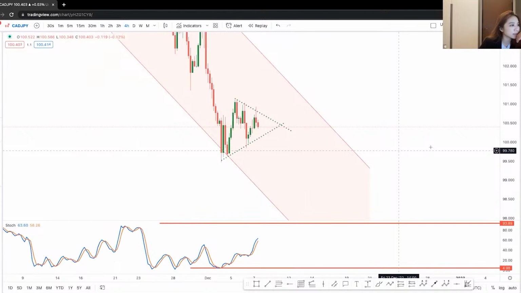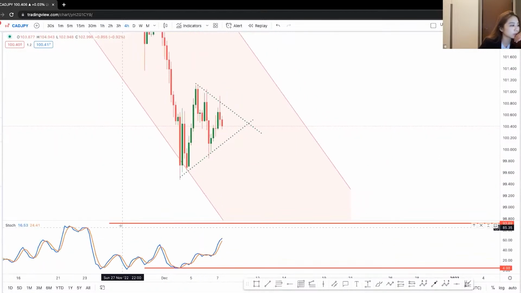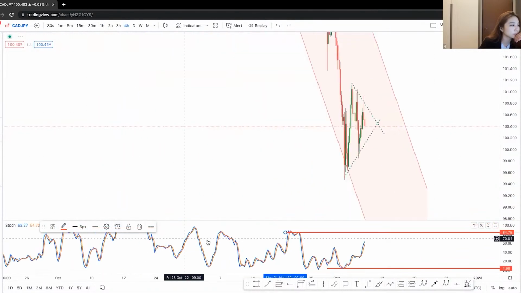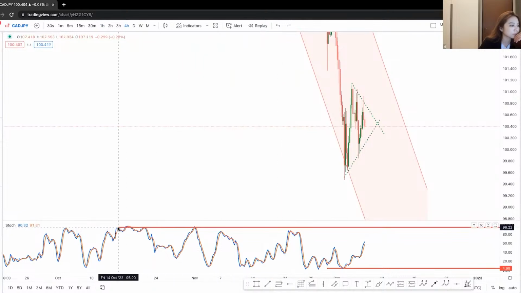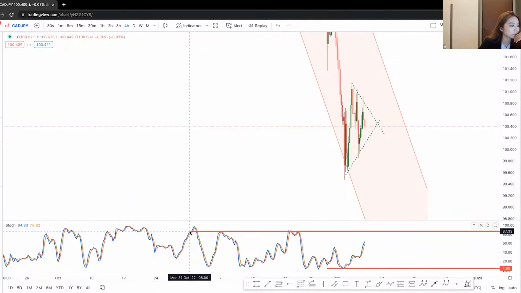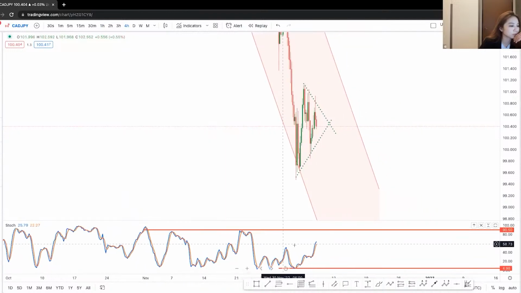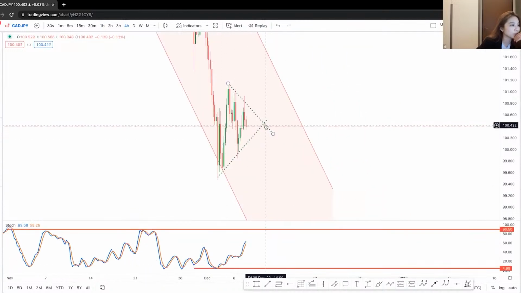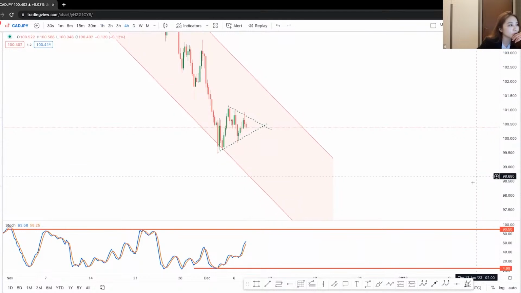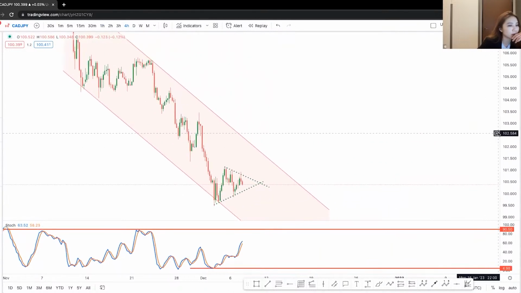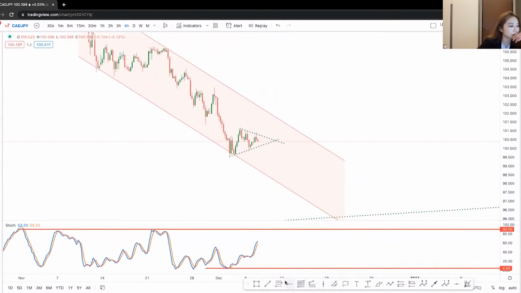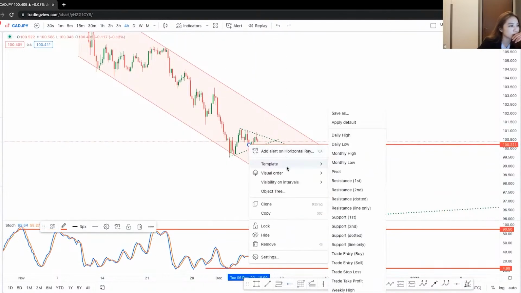H4, you can clearly see that price has not reached its full potential in terms of resistance. Still trying to climb upwards. I'll say for the short time being, it'll be pretty hard. However, if you're looking at a longer time period, you could see that there is a chance of bouncing up.